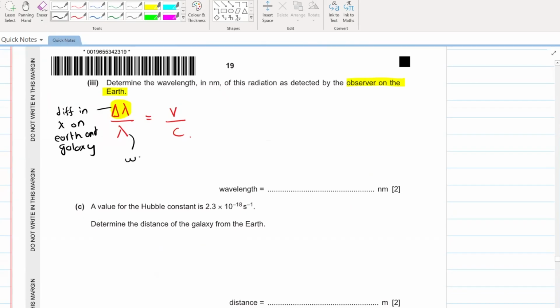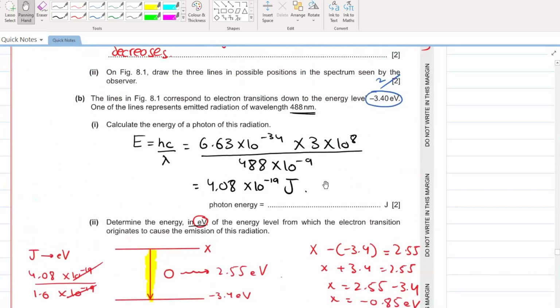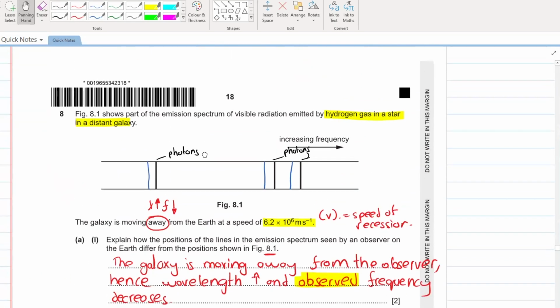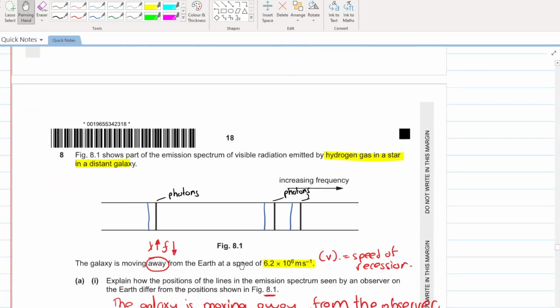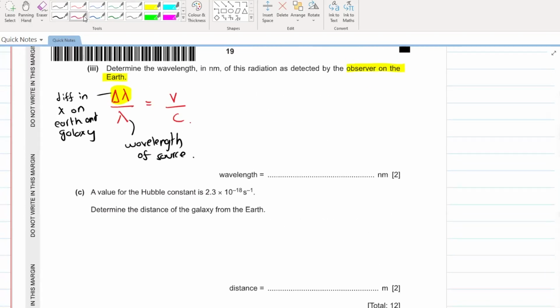This is the wavelength of the source. And what is the source? The source is where the lambda is initially being emitted from. Where is the lambda being emitted? Here. This is the source's lambda, 488 nanometers. Why do I call it the source's lambda? Because this lambda was emitted by the hydrogen spectrum. Now you plug it here.